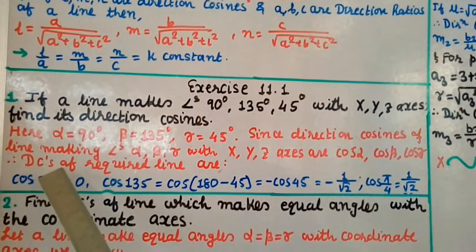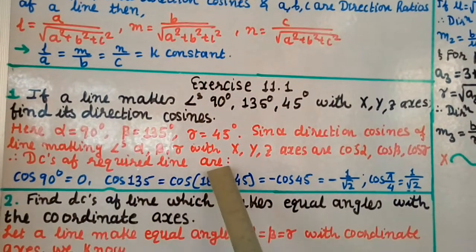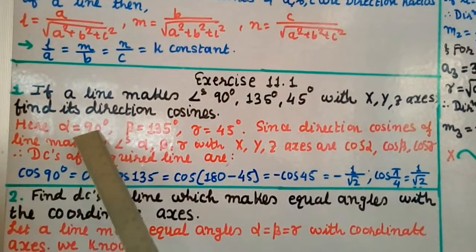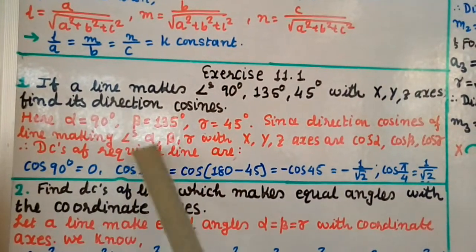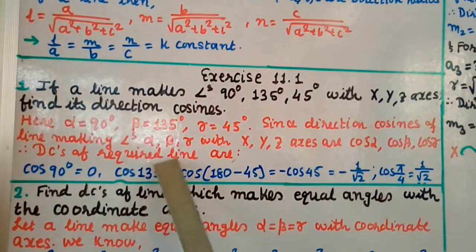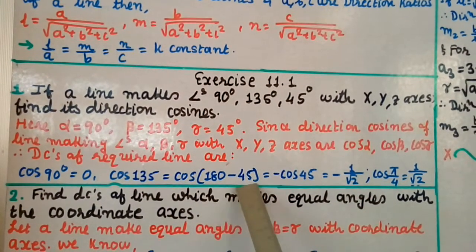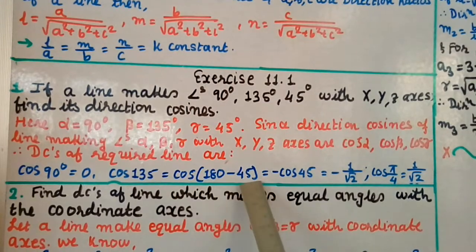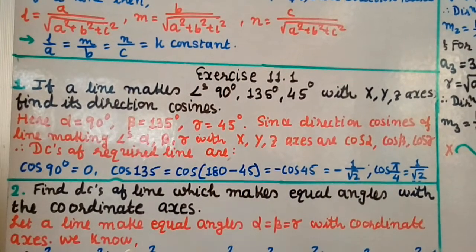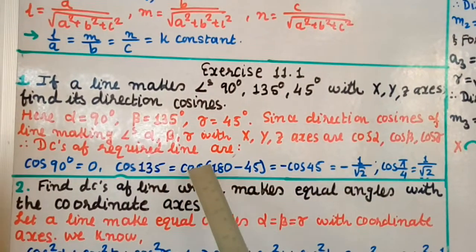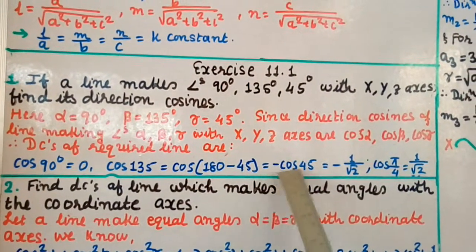So therefore, DCs of required line are cos alpha, which is cos 90, equal to 0. And cos beta is cos 135, and 135 can be written as 180 minus 45, that is pi minus pi by 4. This is pi minus theta, that means this angle is in the second quadrant. In the second quadrant, cos is negative, so this can be written as minus cos 45.